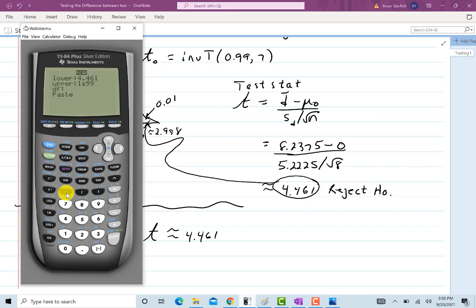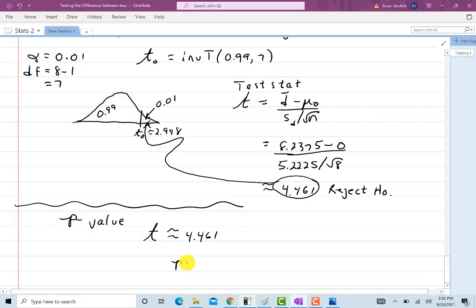So put 7, and then enter your way out of this. 0.0015. So remember, we put 4.461 to infinity, 7.